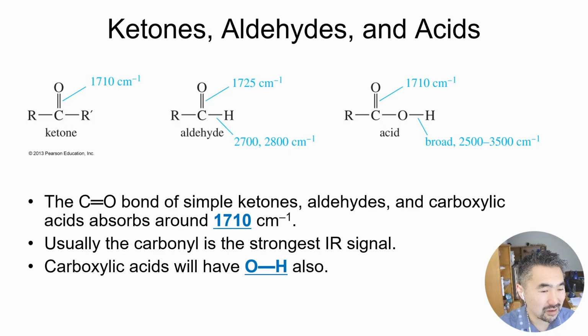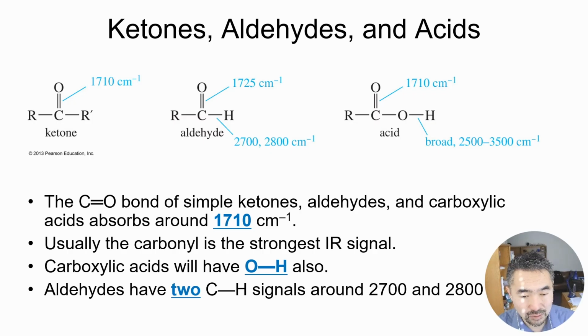Now, how do you tell the difference? Well, a ketone is straightforward. An aldehyde has that unique CH stretch that shows up not in the regular sp2 CH region, but at around 2700 and 2800. You would have these twin peaks at those two wave numbers, roughly speaking. So you could tell an aldehyde apart from a ketone.